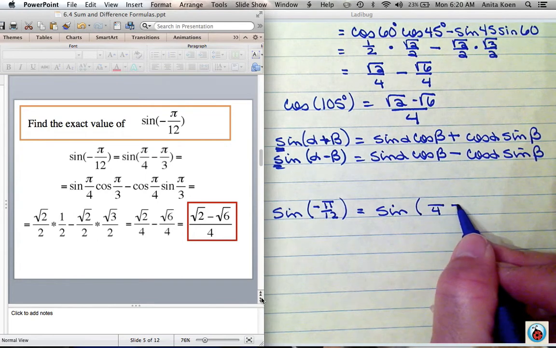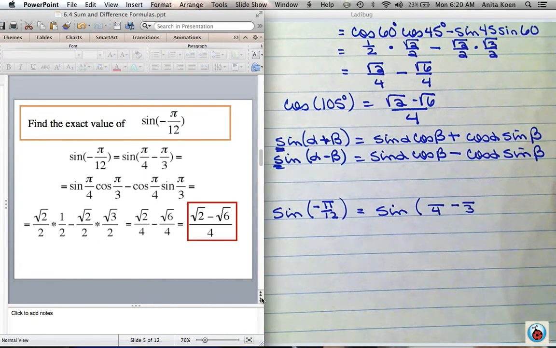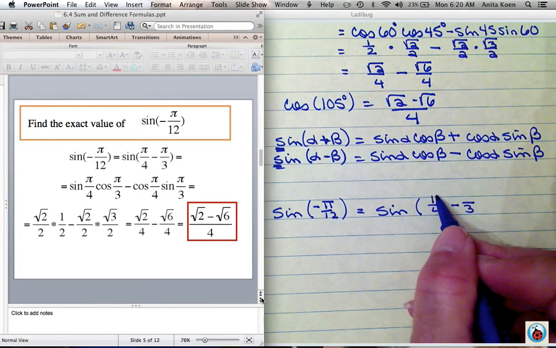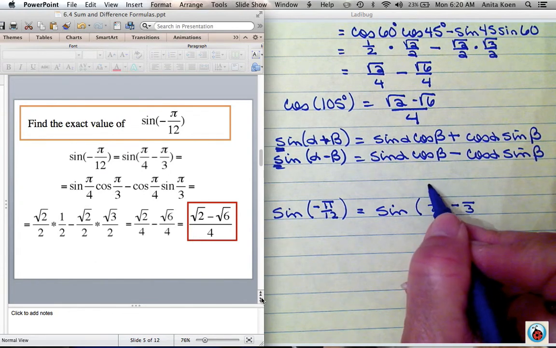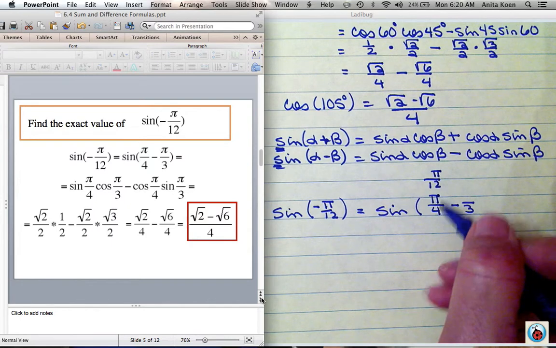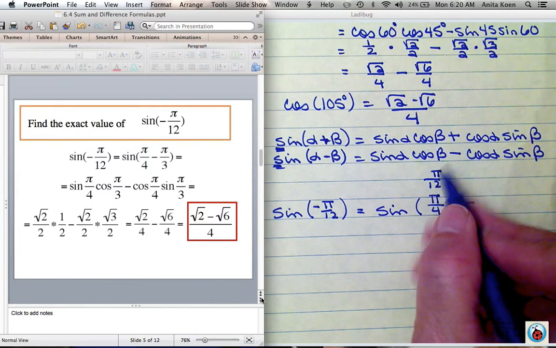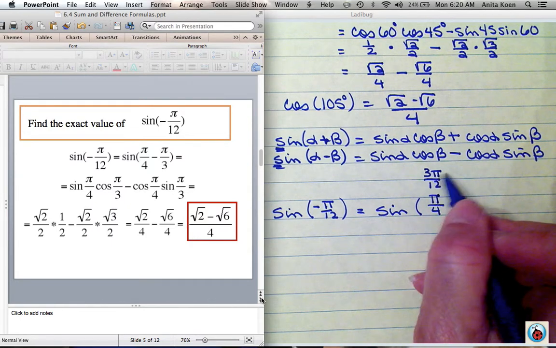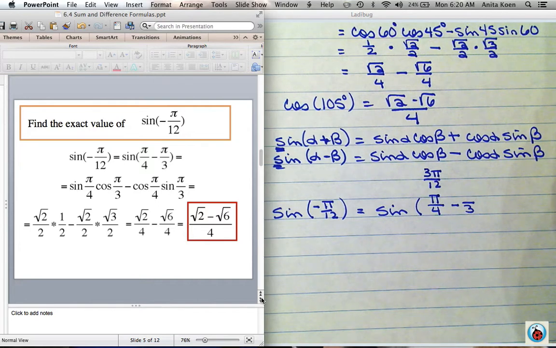If my common denominator is 12, I know that 3 and 4 have their common denominator would be 12. And if I take pi over 4, and I'm going to come right up here and I'm going to change it to a denominator of 12. Well, 4 goes into 12 3 times, and 3 times 1 is 3, so 3 pi over 12 is the same as pi over 4.